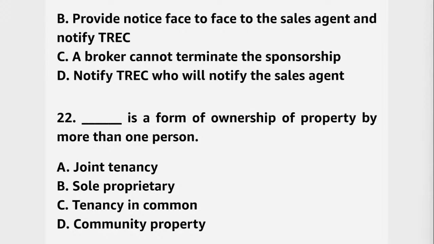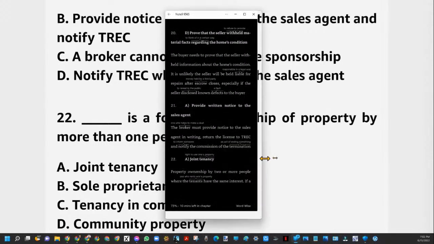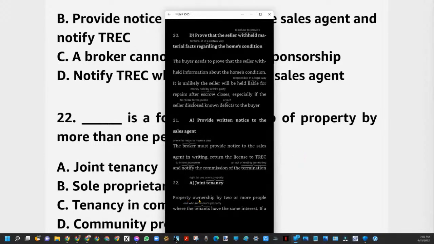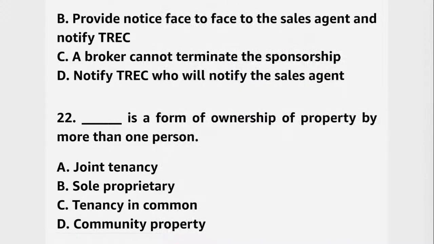So let me just share the answer with you, okay? They said joint tenancy, property ownership by two or more people where the tenants have the same interest. Tenant dies, the share passes to the other owners. Well, the question doesn't mention any more detail other than it's a form of ownership of property by more than one person.